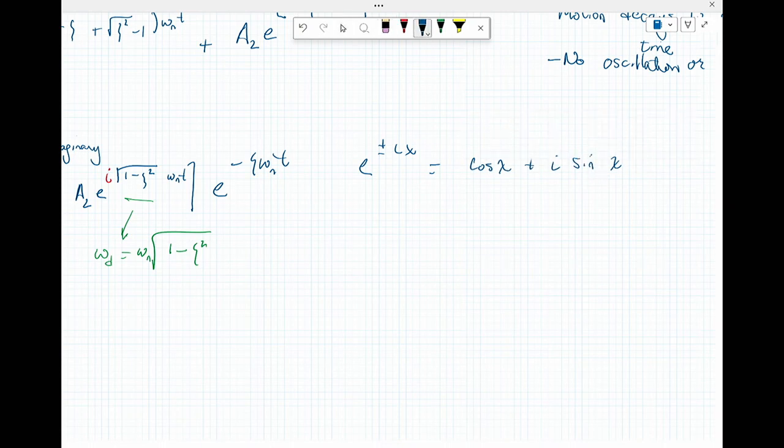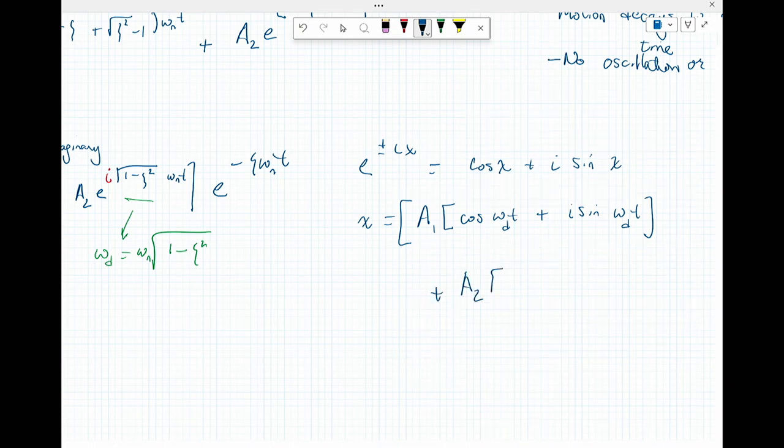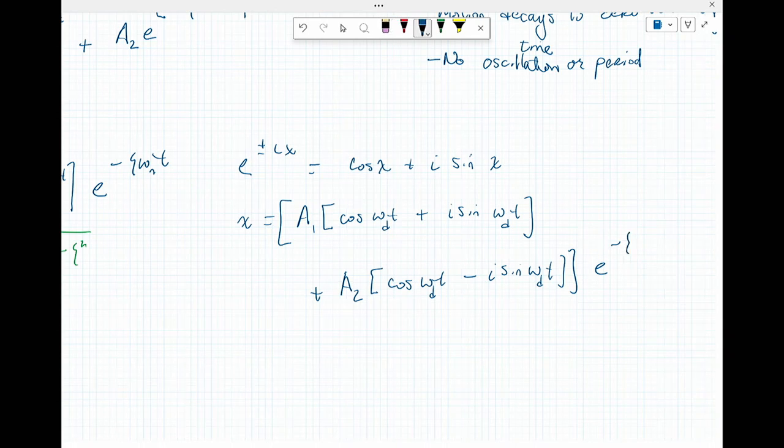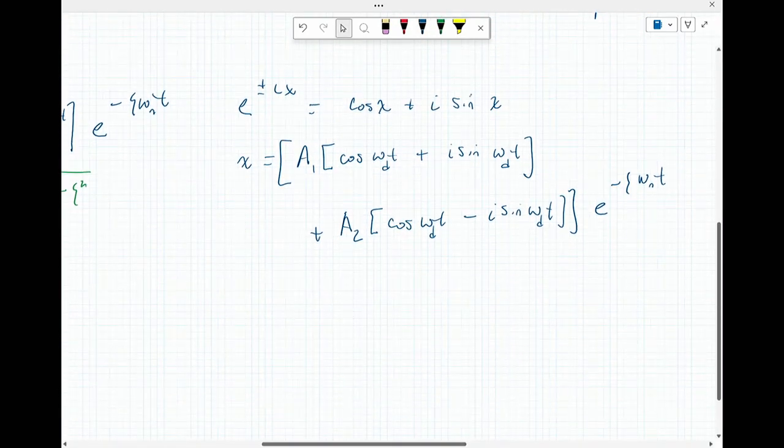So your solution ends up being x equals a1 times cos of omega dt plus i sine of omega dt, plus a2 times cos of omega dt minus i sine of omega dt, times e to the minus zeta omega nt.